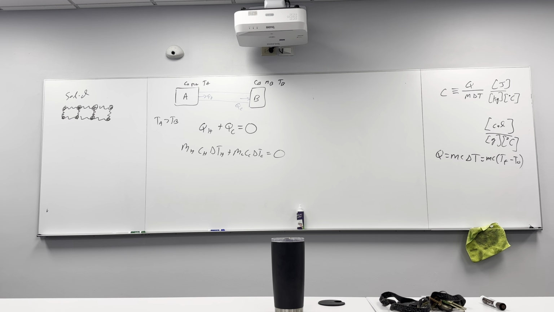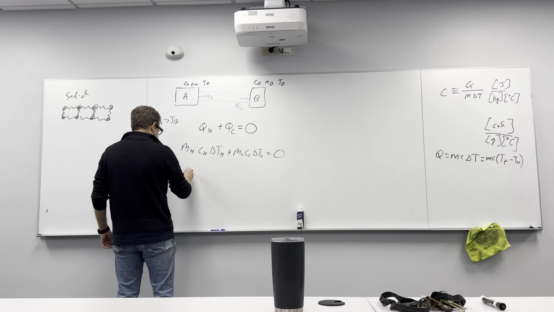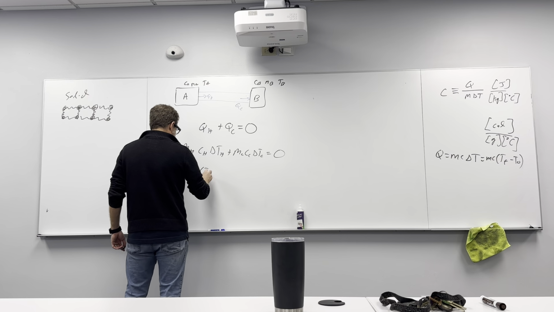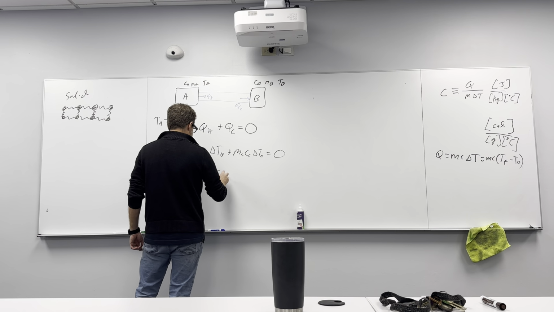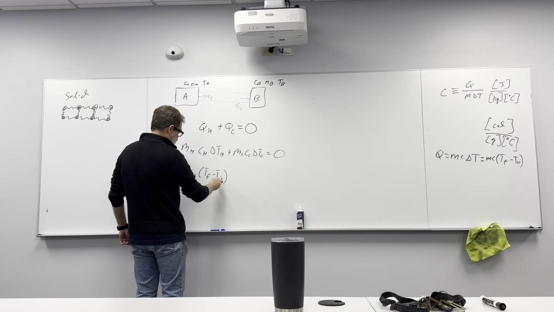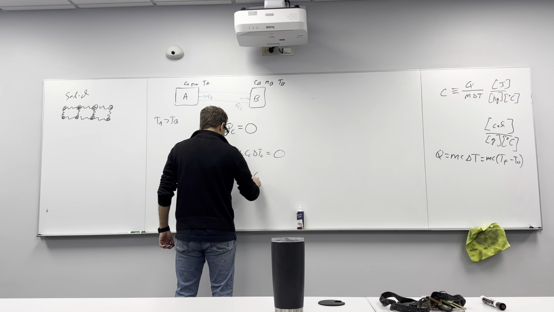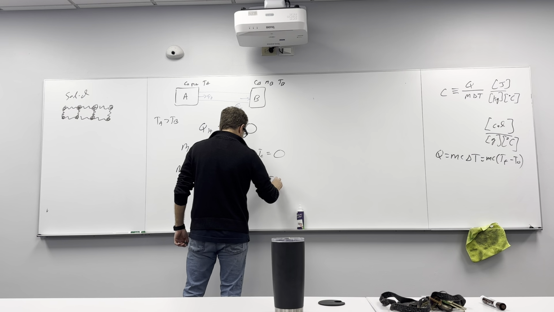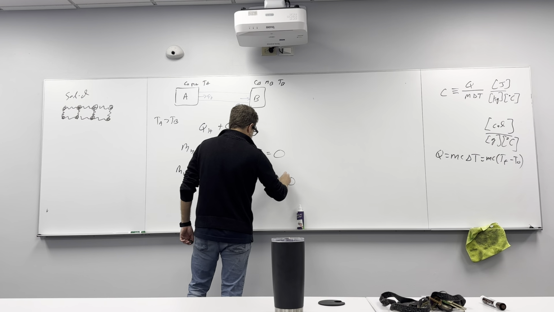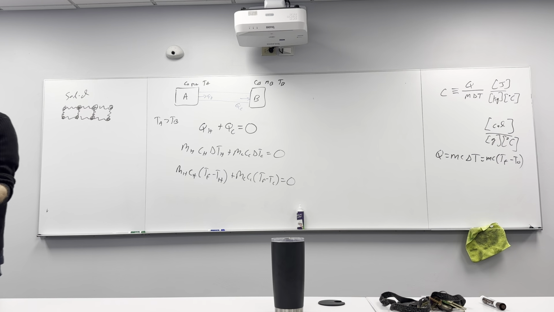And how do I calculate delta T? T final minus T initial, right? So I get m_H c_H (T final minus T_H), because T_H is the initial temperature of the hot, plus m_C c_C (T final minus T_C) equals 0.